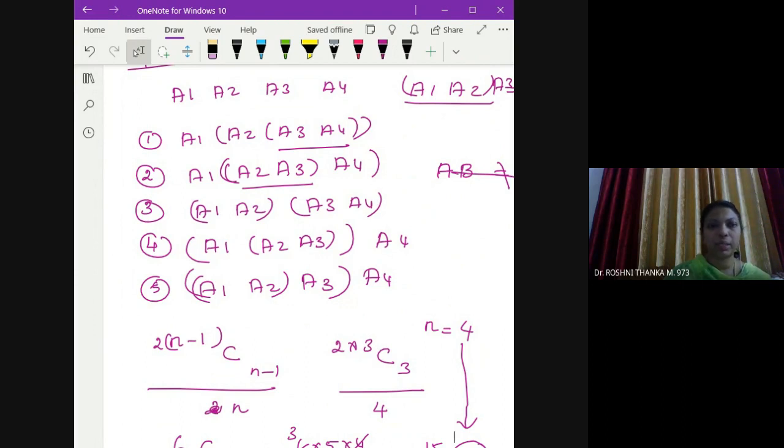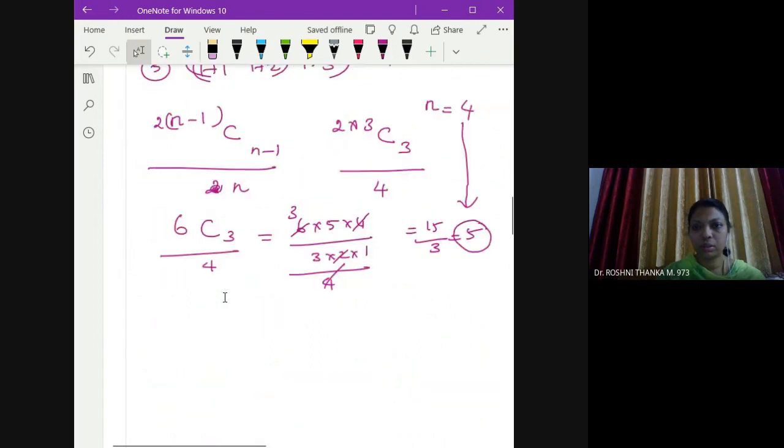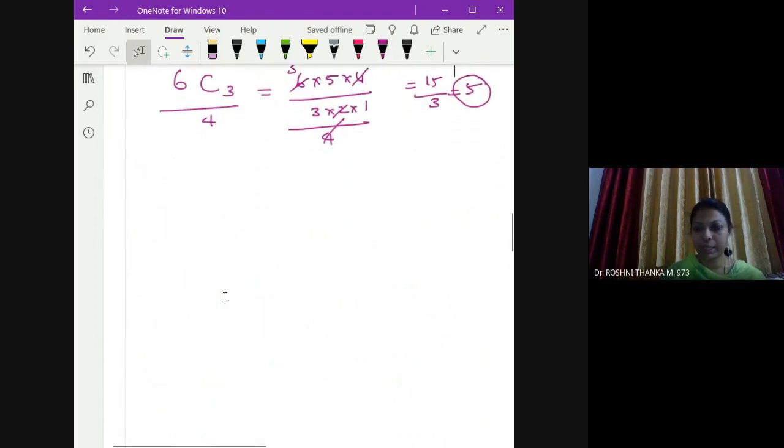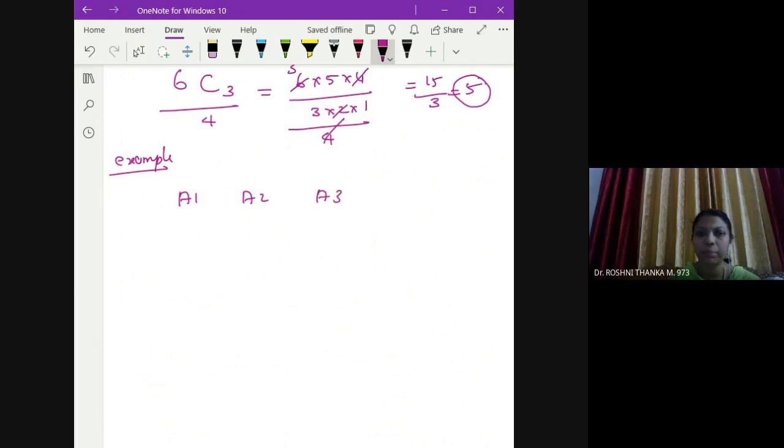Okay. So let us take an example. Let me take matrices A1, A2, A3. Okay, three matrices, we have to do the multiplication. So we know when we have three matrices, there are two possible ways of doing the parenthesization, just as we saw before, right?